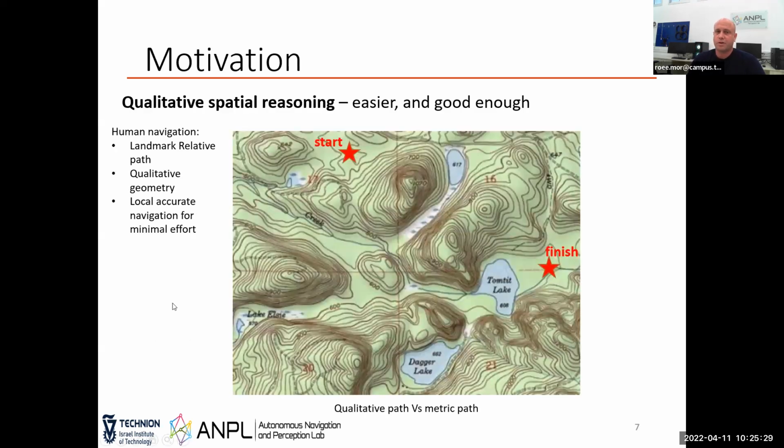So the motivation of our research is that we noted that when humans, for example, try to plan a path and navigate through an environment, they don't use this traditional SLAM method. They do it a little differently. So for example, if I want to get from the start to finish on this map, I'm going to plan a path, and then the way I'm going to use this plan is I'm not going to know at each time metrically, accurately where I am on the map, on the global frame.